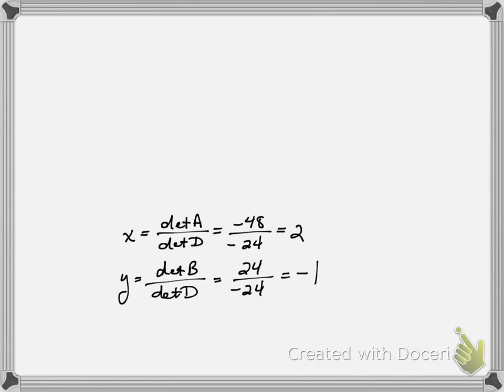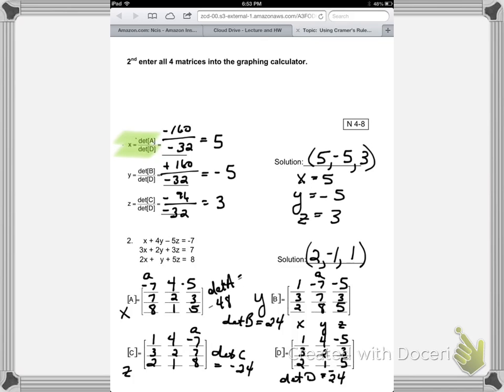Now, let's go over to our next page and figure out what Z is. Z is equal to the determinant of C over the determinant of D, which is negative 24 over negative 24, or positive 1. So X is equal to 2, Y is equal to negative 1, and Z is equal to 1. And so that would be our answer for example 2.